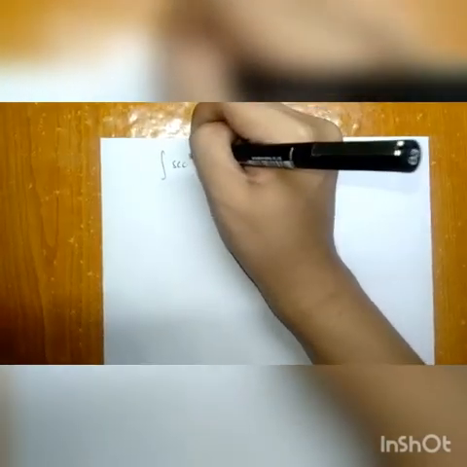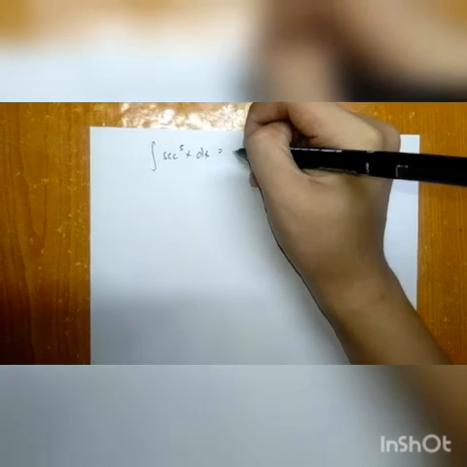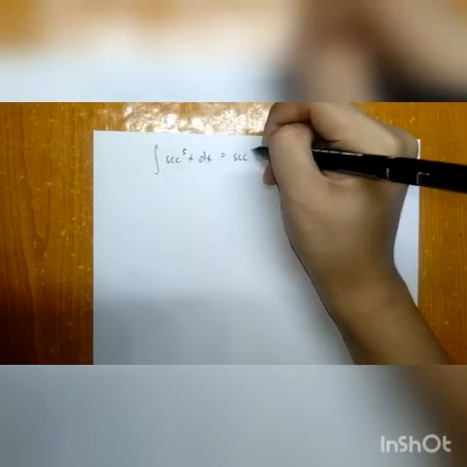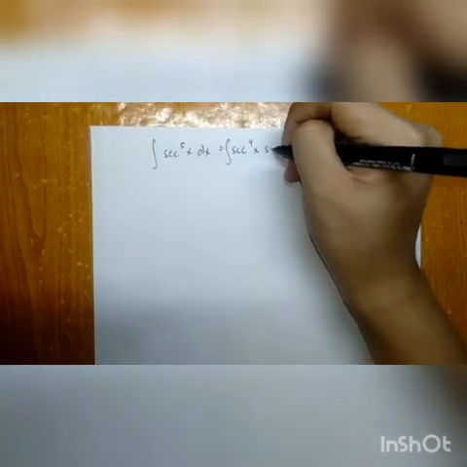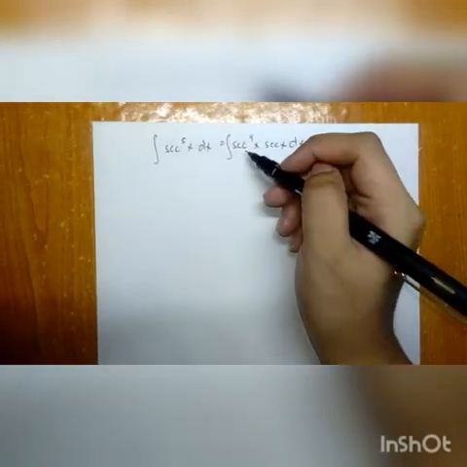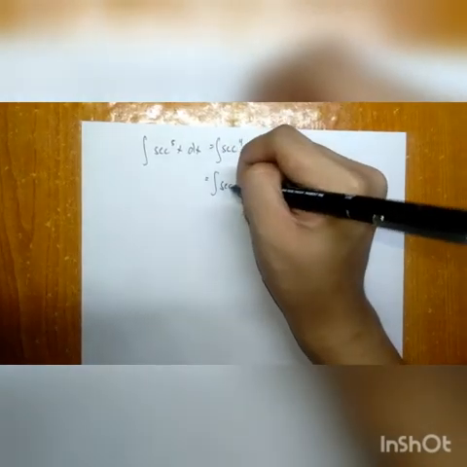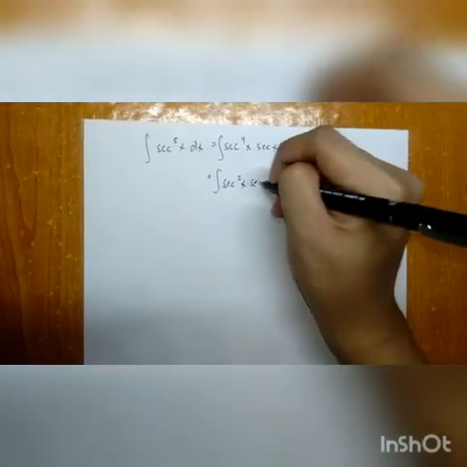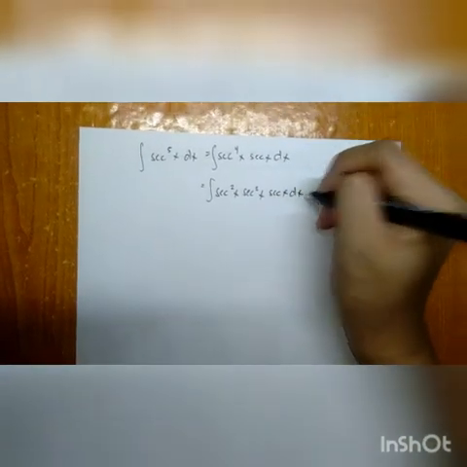Example number 2. The integral of secant to the 5th x dx. Again, it has an odd power, so we can divide it into secant to the 4th x times secant x dx. And we can again divide secant to the 4th x into 2, which is secant squared x and another secant squared x, times secant x dx.